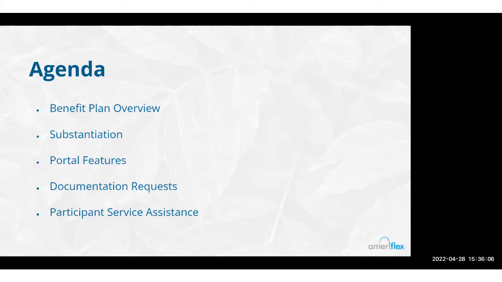I'll do a quick demo at the end of this presentation so that you can see all of the options you have available to you on our online portal and our mobile app. In this presentation, I also wanted to include our participant service assistance team so that if you have any questions, because we will share this presentation with you after this call, you'll at least have their direct contact information because we have an entire dedicated participant service team available to you.